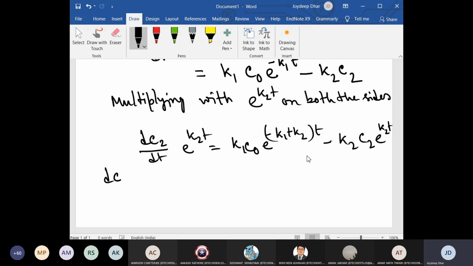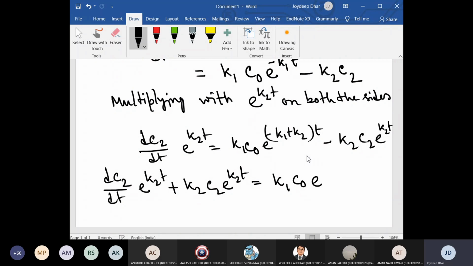So I have to rearrange: dC2/dt e to the power K2T plus K2 C2 e to the power K2T. If I make some mistake, please inform me. Minus, I can write it as (K2 minus K1)T.